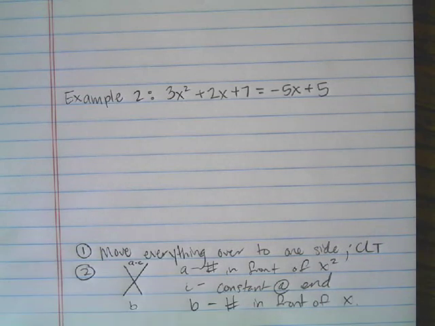Okay? Then we're going to fill in these two here. The numbers we're going to fill in are the numbers that multiply to get the top and add to get the bottom.